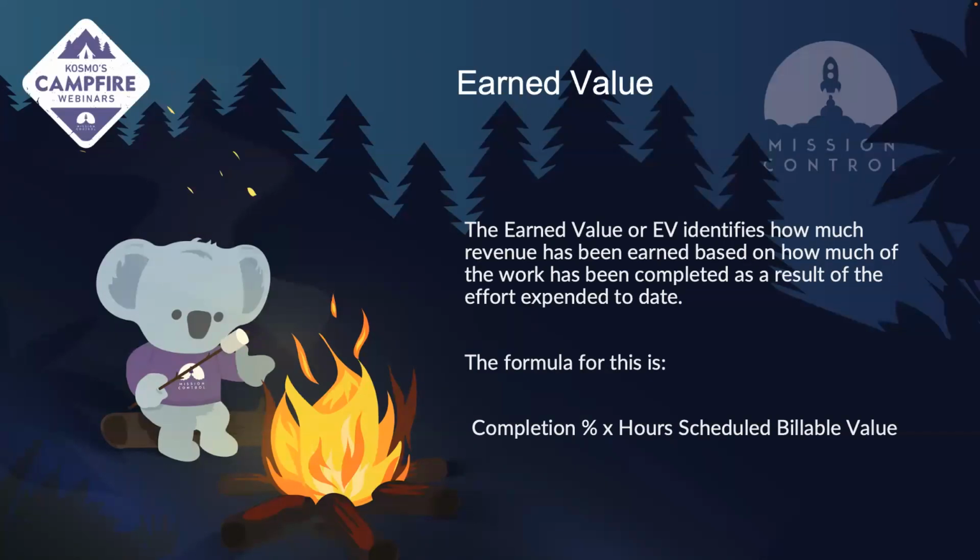However, if you have your own calculation of completion percentage, then there is an option to manually populate your completion percentage. So there's a bit of flexibility with that part. But the formula for this is your completion percentage times your actual scheduled billable value.